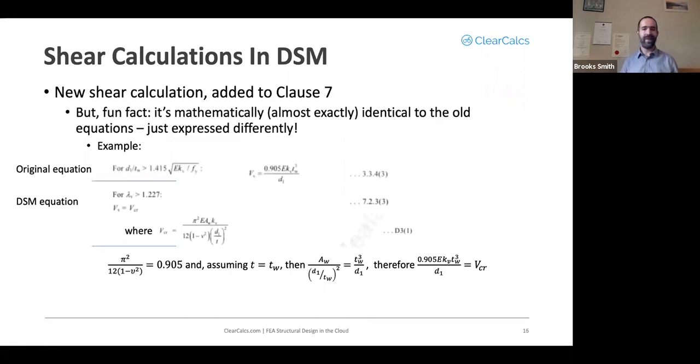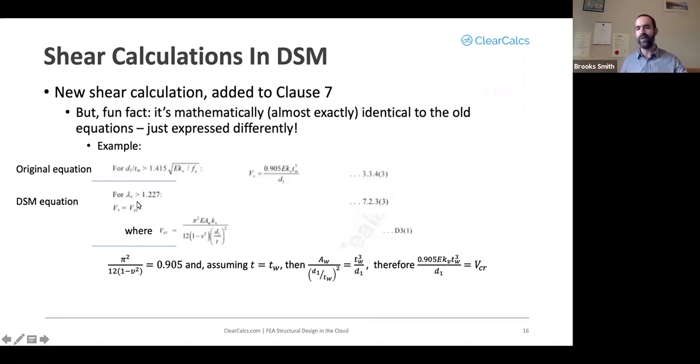However, fun fact with that, those new equations are mathematically almost exactly identical to the old ones. They're just expressed differently. So for example, your original equation in clause 3.3.4 was, given this inequality, V_v, your shear capacity, is equal to this equation, 0.905 times some factors.